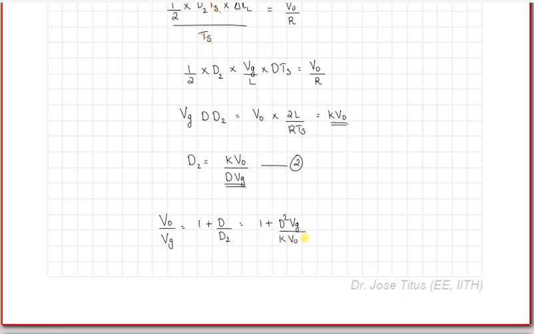So I can write this as then 1 plus D square by K times Vo by Vg.